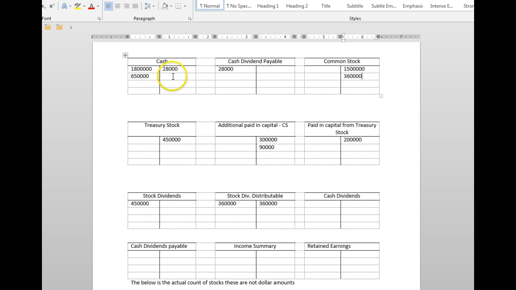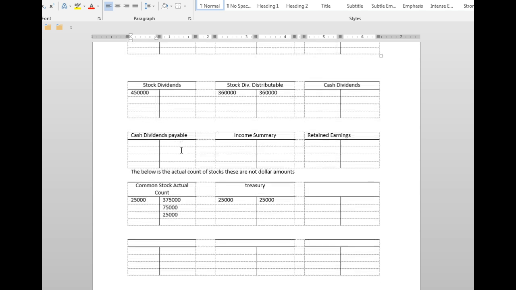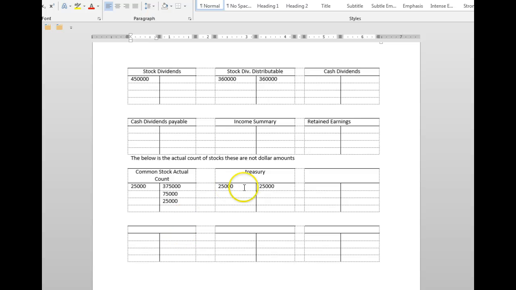We've got 570,000 there. We are going to move down to treasury stock, and oh my goodness, I lost it. We're going to debit that for 570,000. Remember that, I believe, is 30,000 shares. So now I've got to come down here, and I've got 30,000 here.